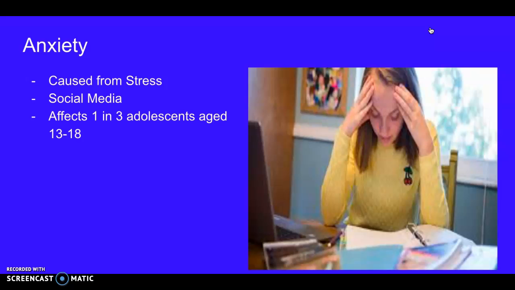It creates a false narrative almost of what life is supposed to look like. It makes people think that if their life isn't awesome 100% of the time, then they really aren't living life right. And some examples are social phobias, OCD, panic disorder, and post-traumatic stress disorder.